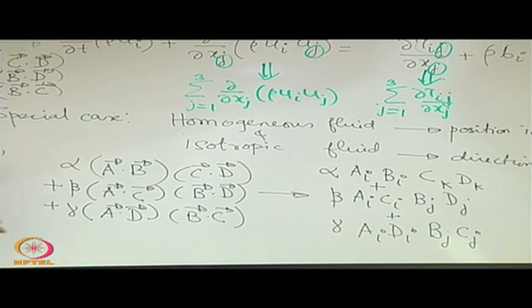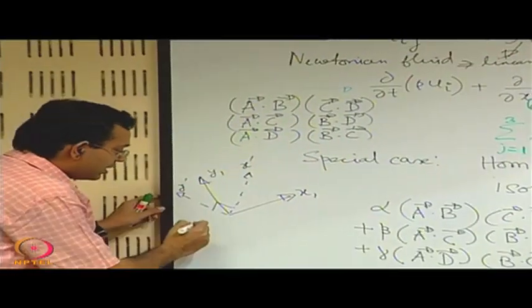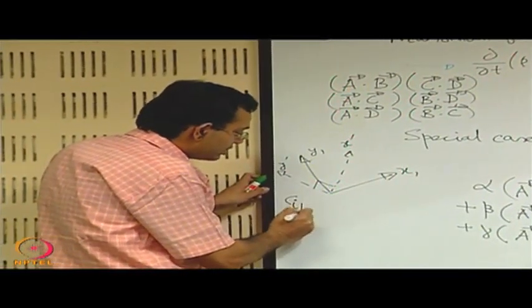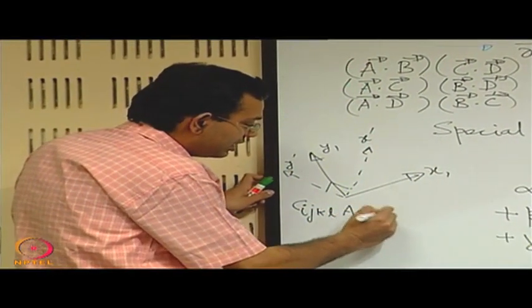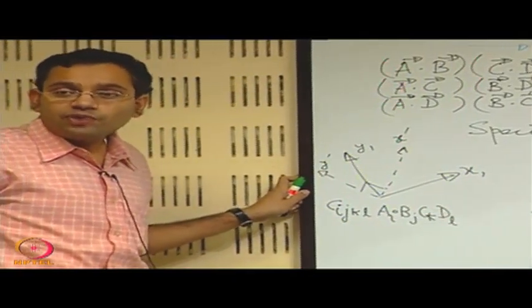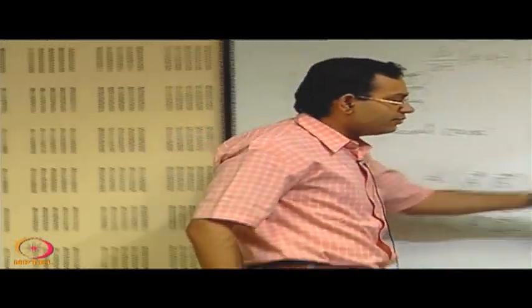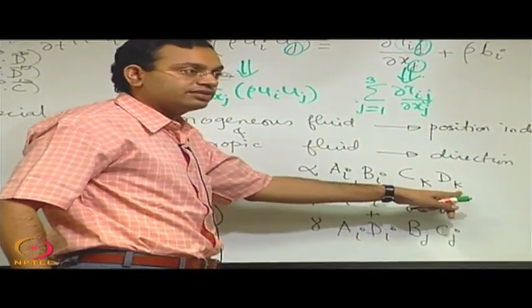Now you see that we wanted to get it as an isotropic scalar. What is that special isotropic scalar that we are looking for? We are looking for Cijkl into Ai Bj Ck Dl, right. That was the form that we are looking for. Here in the form you do not have the indices A, B, C and D as different.